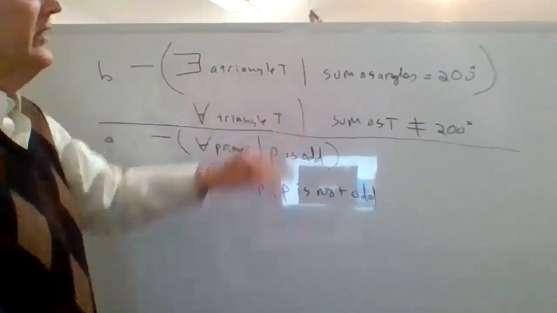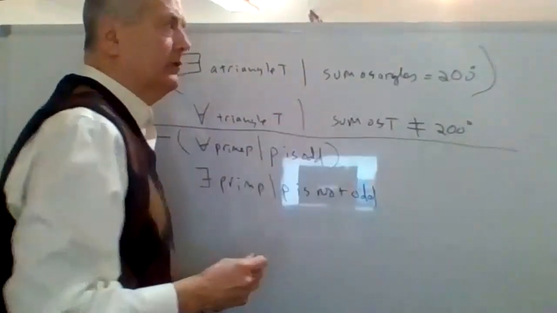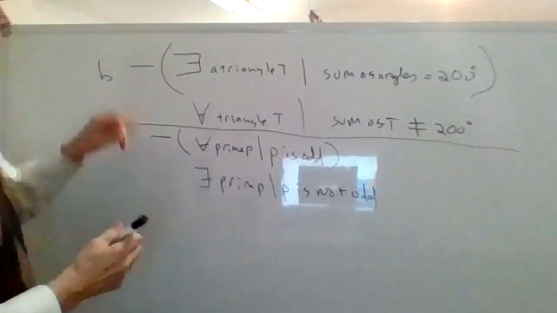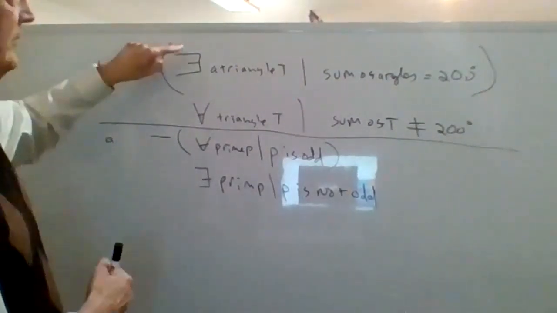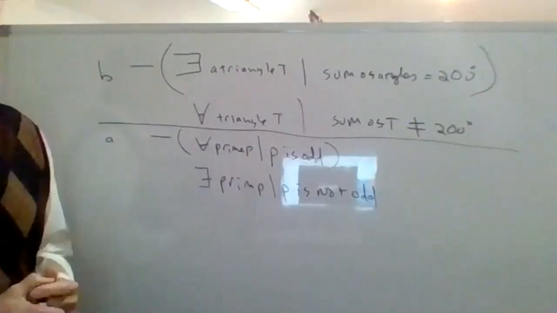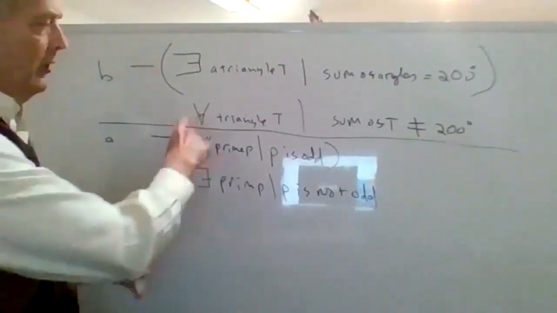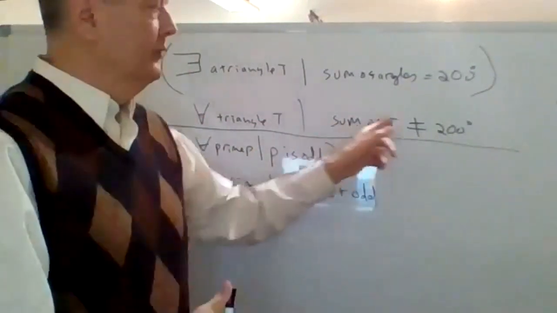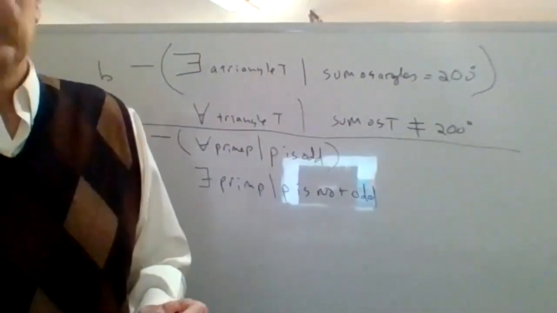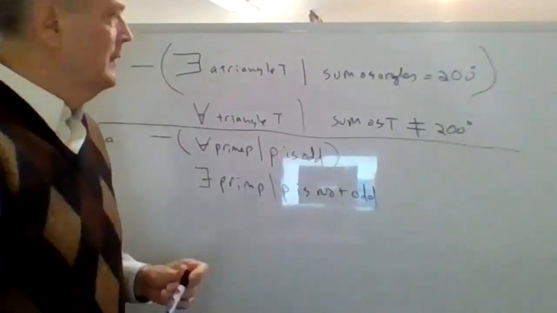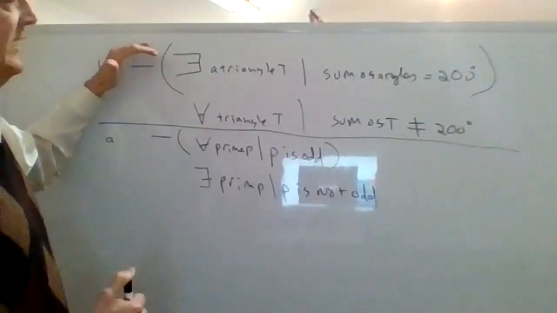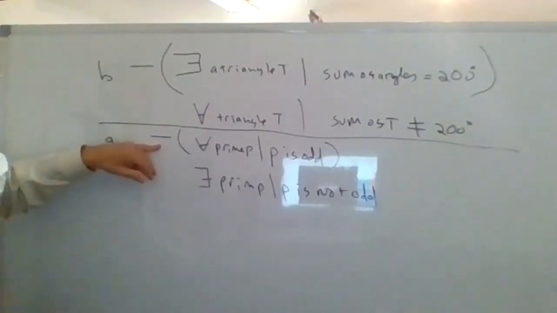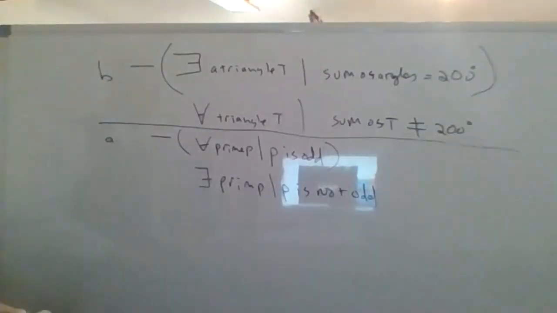There exists a triangle T such that the sum of the angles of T is equal to 200 degrees. So we take the negation of that existential statement, and we're going to get a universal statement. For all triangles T, the sum of the degrees of the angles of T is not equal to 200 degrees. So the negation of an existential gives us a universal. The negation of a universal gives us an existential.